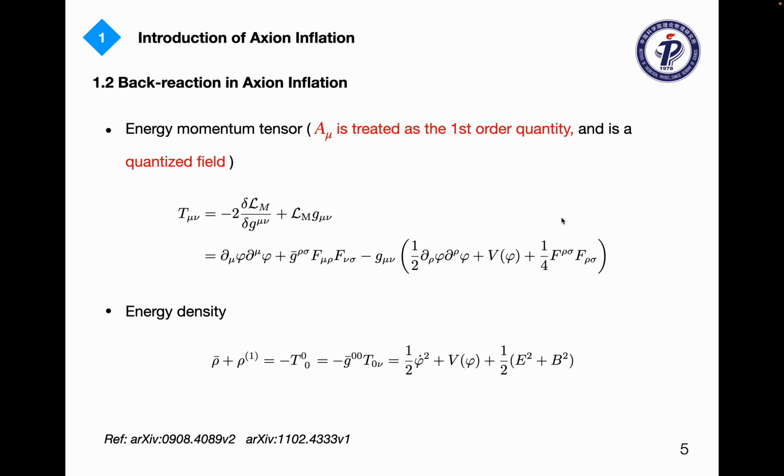Next, one can derive the energy momentum tensor from the action, and we can get the energy density from its zero component. The physical meaning of this energy density is easier to understand. The first part is just the energy density of phi, and the last part is the energy density of the gauge field.